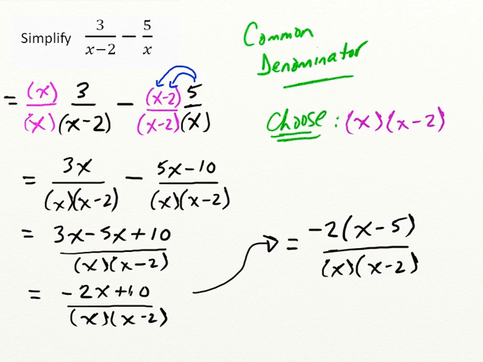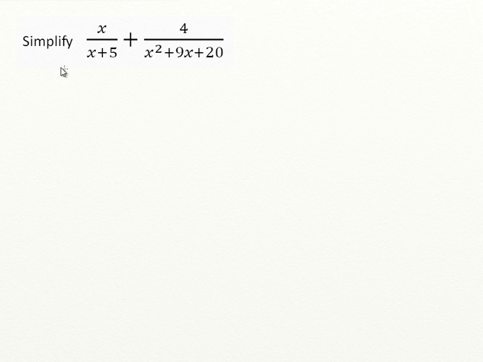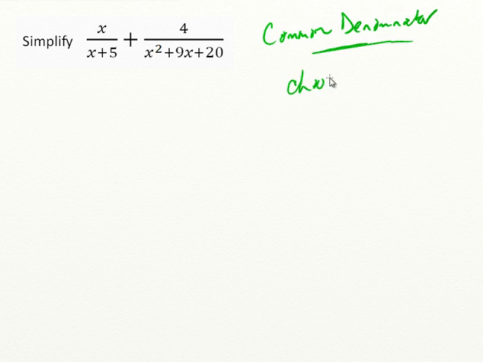All right, let's try a different one. What if we were asked to simplify this rational expression? Well, again, we have two fractions being added together, and we know that when we are adding fractions, we need a common denominator. Okay, well, what do we choose as the common denominator?